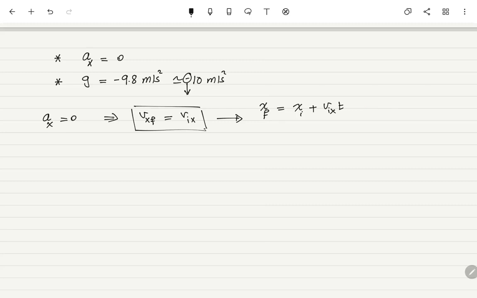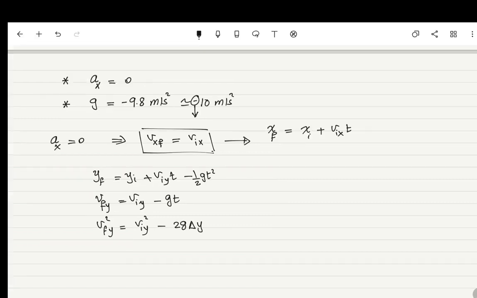On the y-axis we have three major equations. y final equals y initial plus v initial y t minus half g t squared; v final y equals v initial y minus g t; and v final y squared equals v initial y squared minus 2g delta y.